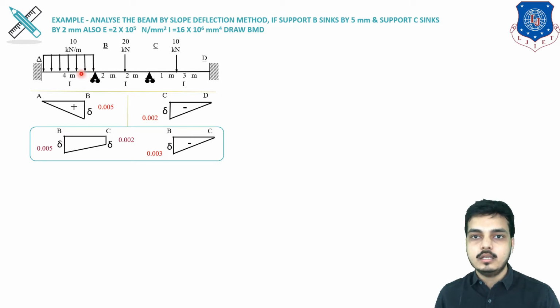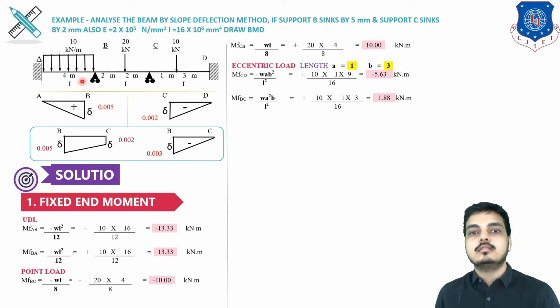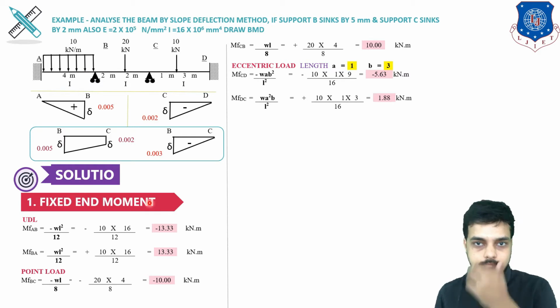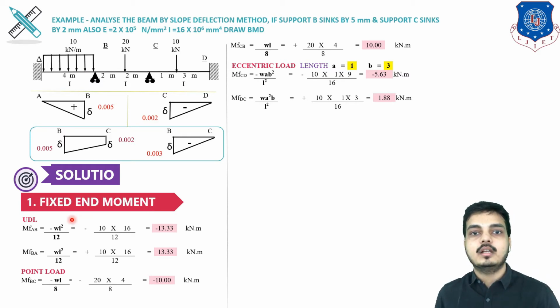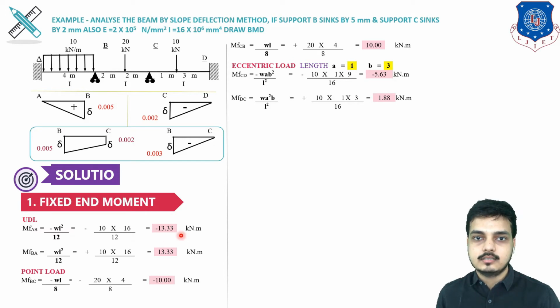Let's start with our step number 1, which is nothing but fixed end moment. In fixed end moment, our first is UDL, second is point load, and third is our eccentric point load. For UDL we have learned the formula that it is minus WL square by 12. So W is 10, length is 4, so 16 divided by 12, we get minus 13.33.